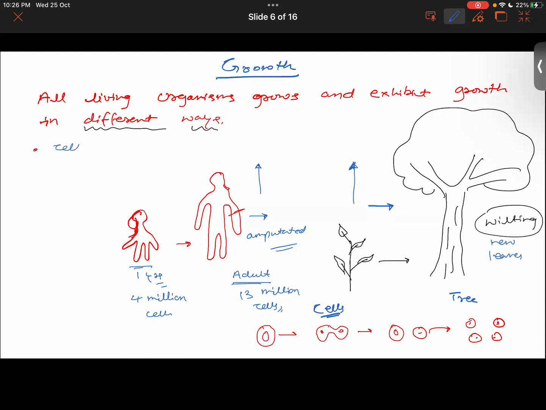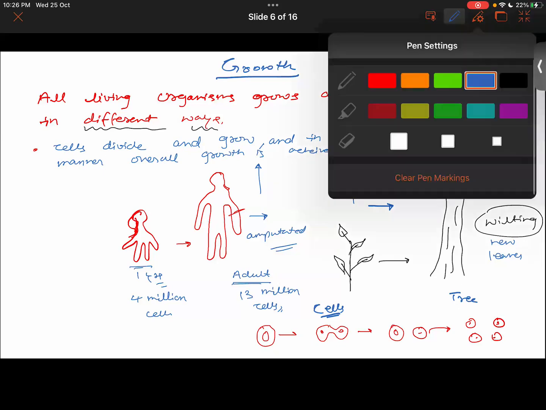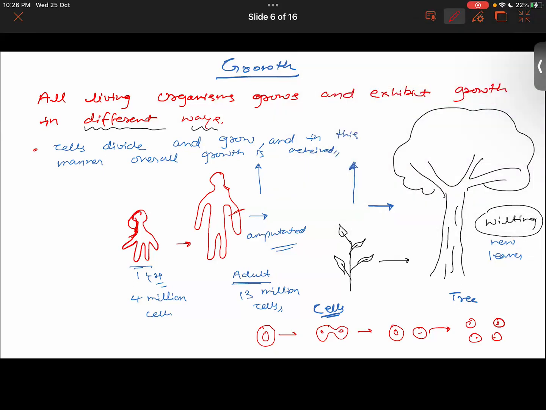So cells divide and grow, and in this manner overall growth is achieved. This is how growth is achieved by an organism. Cells will be dividing and then growing. Is that clear? All right then.